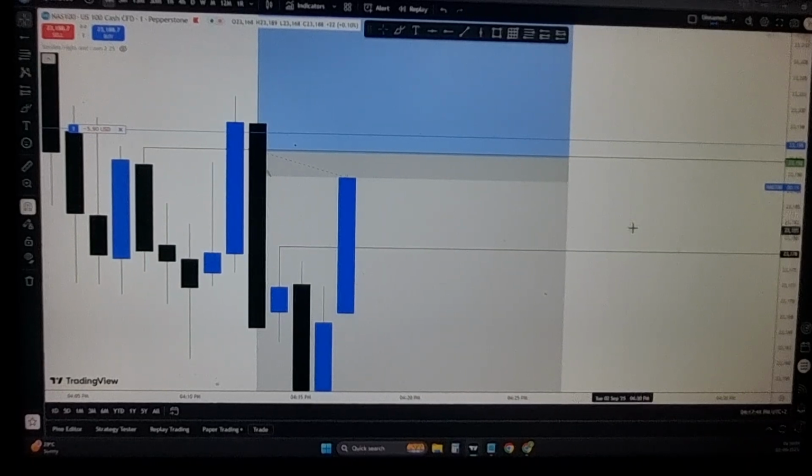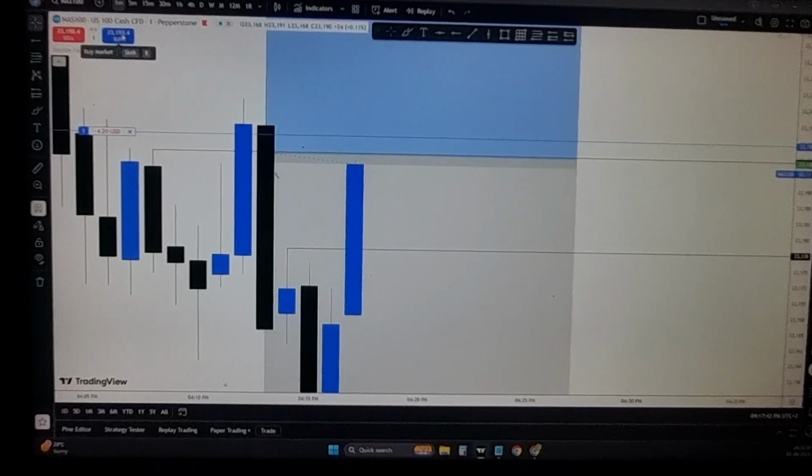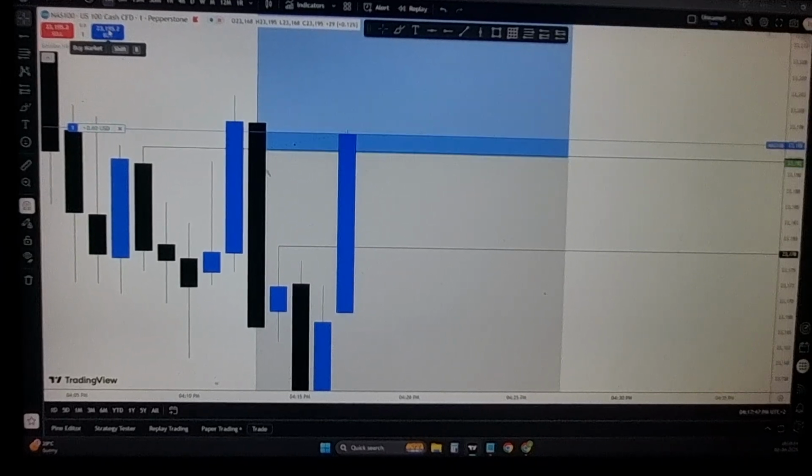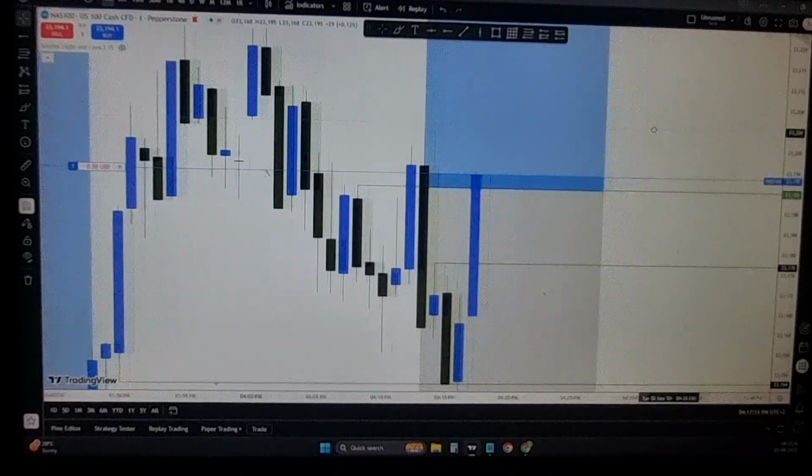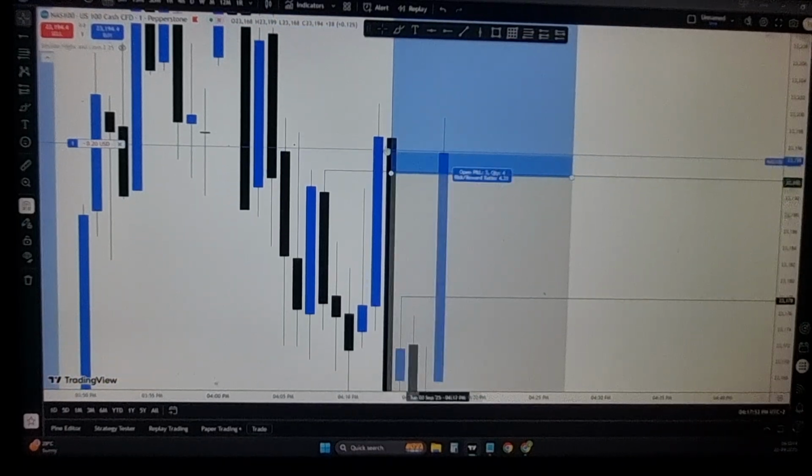I'm hoping it's not taking me back to my original point, but it's okay. We are hovering over the buy button. Waiting for it to close.